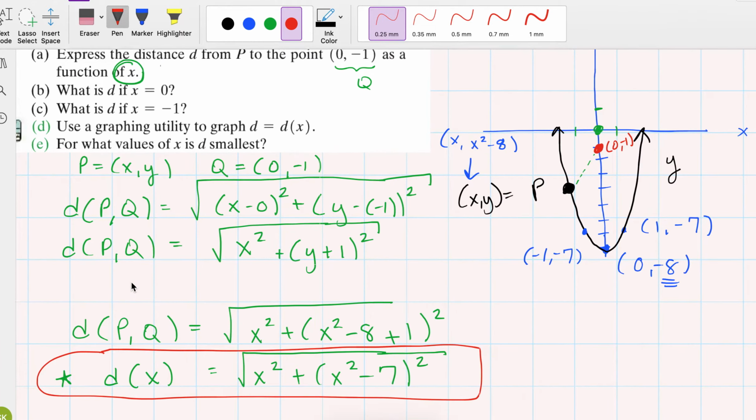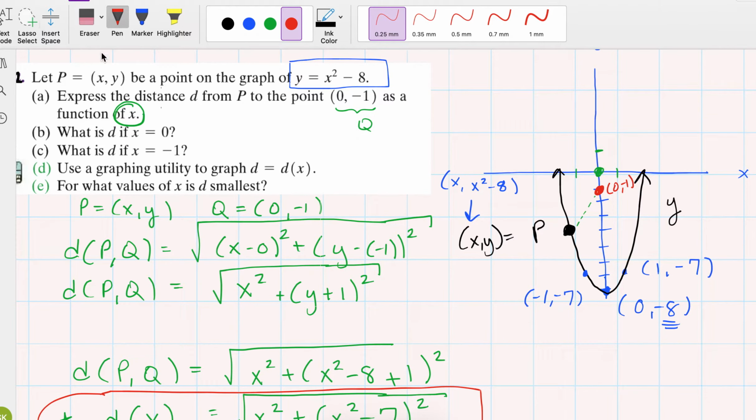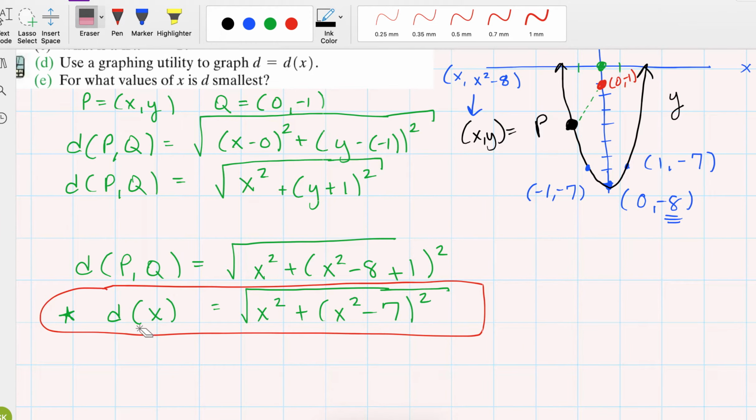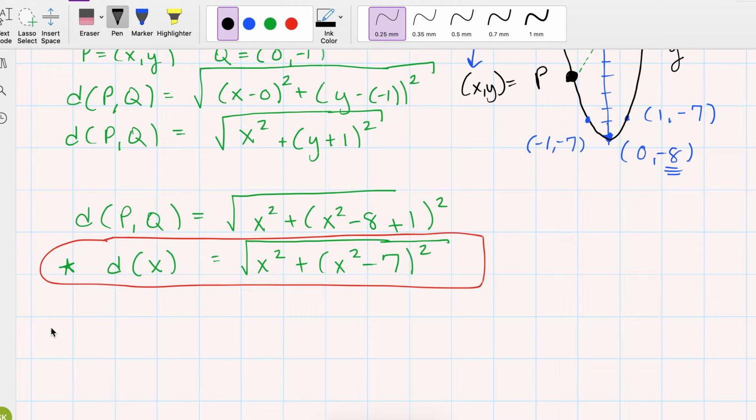Okay, let's look at part B. It says, what is the distance if x is equal to 0? So what is d? Well, this is a function that tells us the distance for any x value. So what we're going to do is plug in x is equal to 0 into this equation.